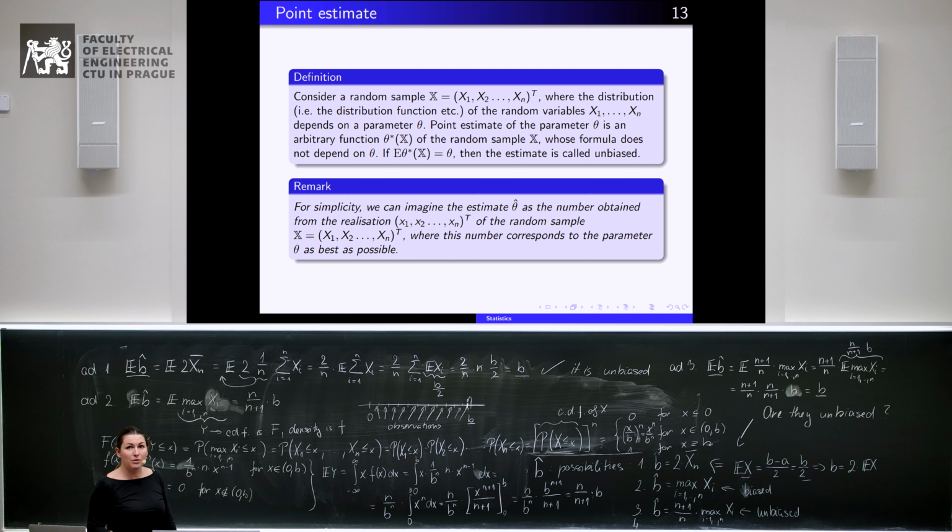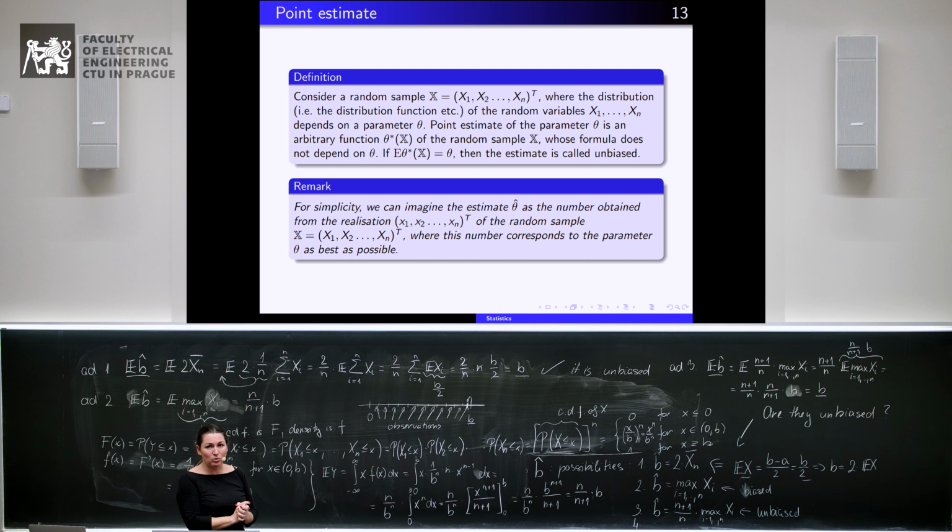Okay, and now you maybe think that it is quite difficult to verify whether the expected value of the estimate is equal to the real parameter or not, that it is difficult to find the estimate of the parameter because we have no rules in this estimate, so don't be afraid of it.